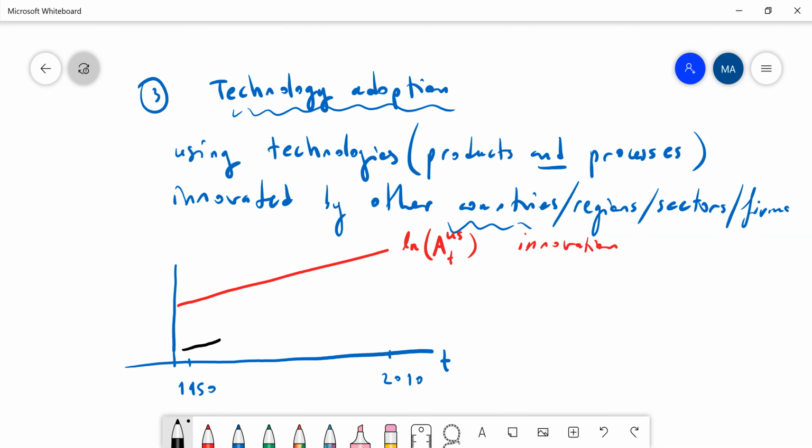But what happens after the 60s? They implement some successful technology adoption practices, and eventually they converge to the US.